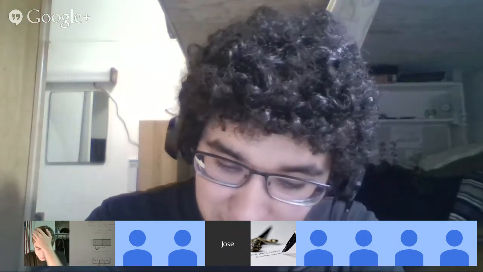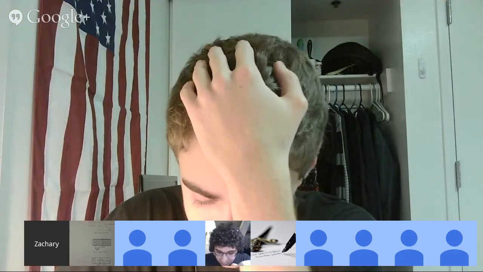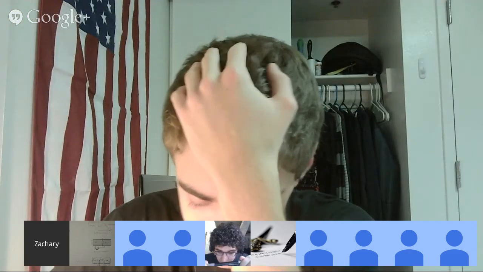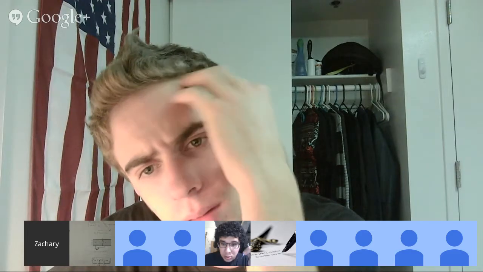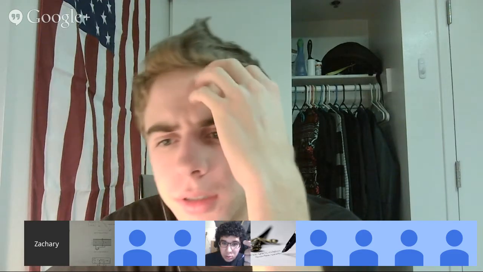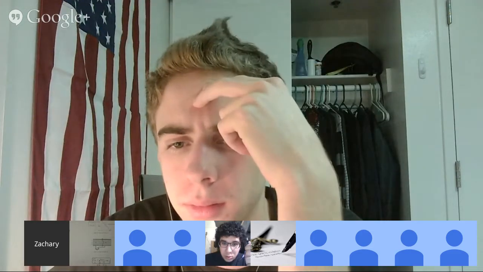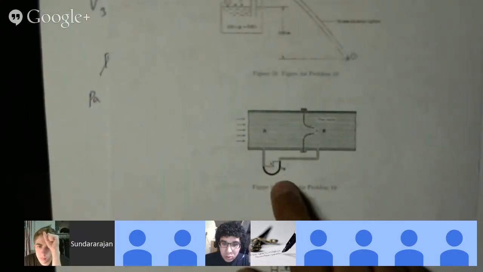Would the height be negligible since there is no change in height? Yes, there's no change in height. Okay, that gets rid of that. Are the pressures going to be the same? Absolutely not. Look at the manometer leg. Which means there's a higher pressure on the left.